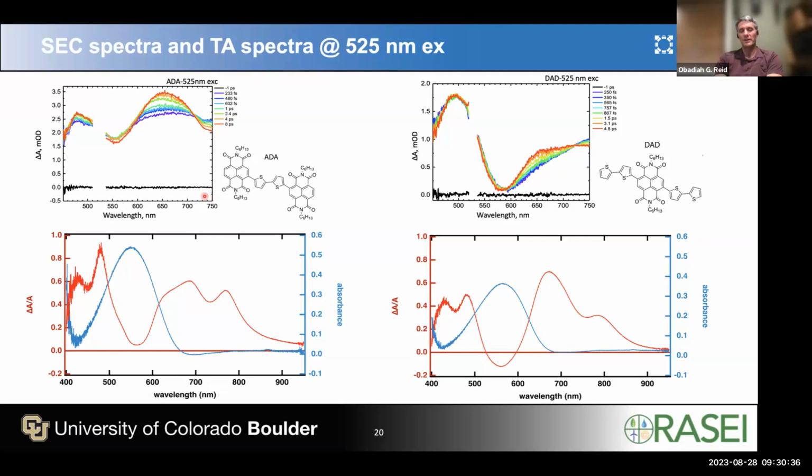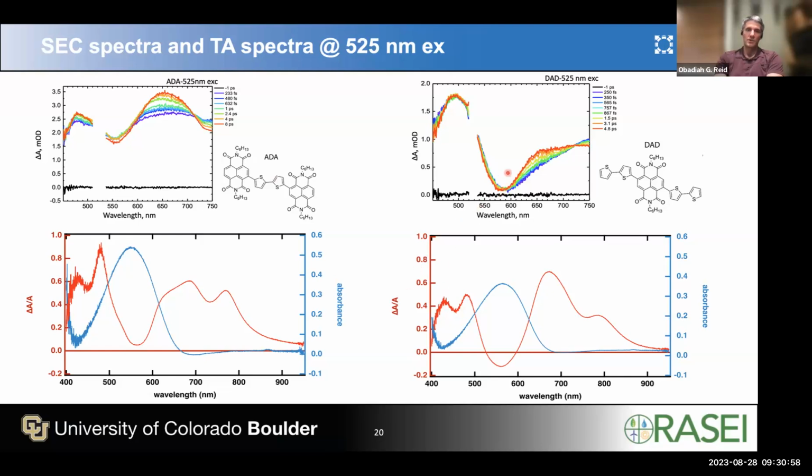There's some correspondence, but it doesn't seem to be anything like as simple as integer charge transfer between the donor and the acceptor units. You see the bleach in both cases, which corresponds well with where the ICT absorption band is.